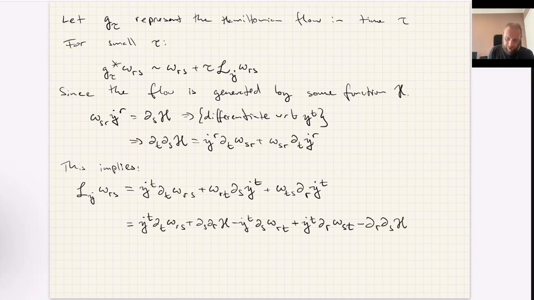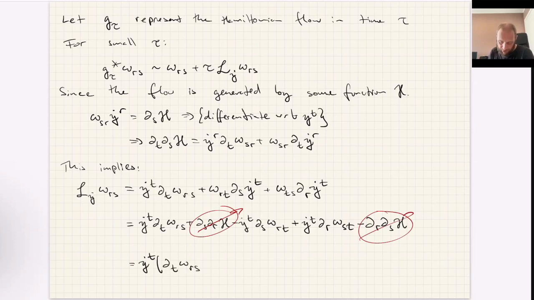And you see where this is going now, right? So here those two terms are the same term, just exchanging the derivatives. So we assume that the partial derivatives commute. Sorry, that's not zero, but it cancels that term, right? And then we're left with something that's proportional to y dot^t. So let's take the y dot^t out and write what's left, d_t omega_rs.